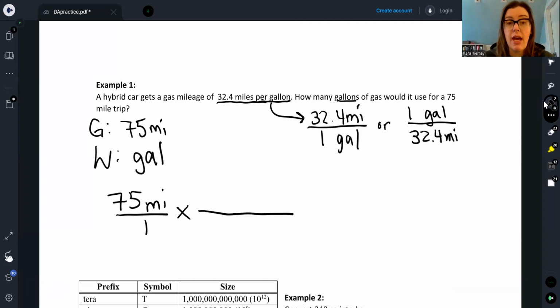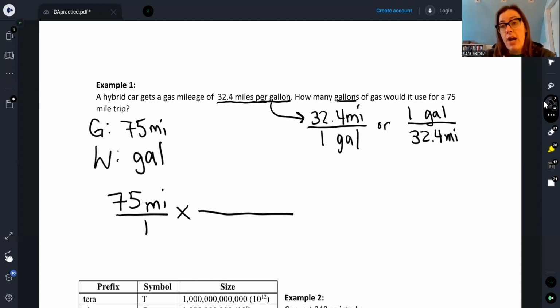So I multiply that by, I put a little multiplication sign, a line. Notice that when I put my given over 1, that 1 is just a placeholder. It does not have a unit. It does not even need to be there. It's just helpful for when we do our entire problem, knowing that 75 will multiply along with the other numbers on the top.